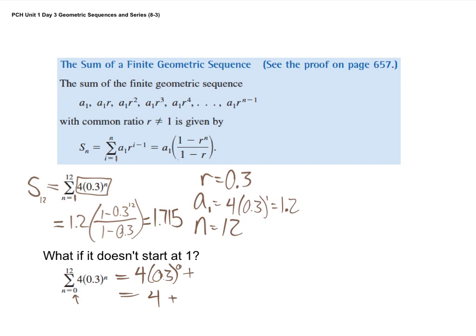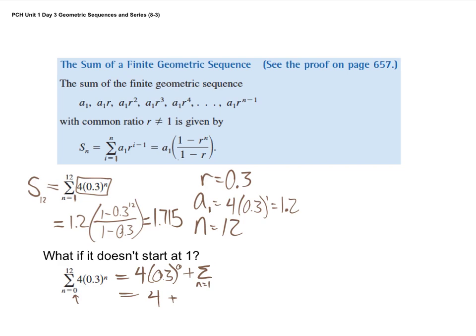Think about it. Right now, we did when n is 0, so what do we have left?